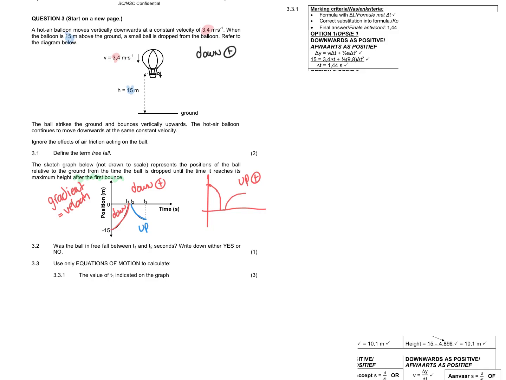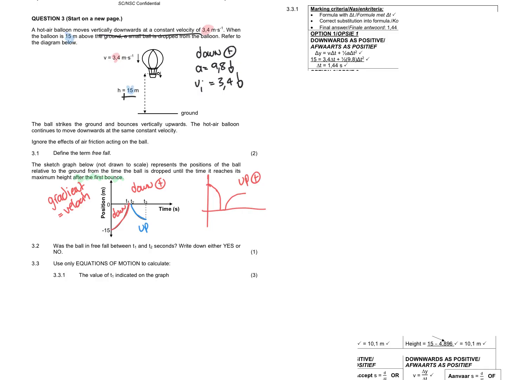We always have that the acceleration is 9,8, and in this case it's downwards. We have that the VI is 3,4, and that is also downwards, because it says in the question it's moving vertically downwards at a constant velocity of 3.4. Then we need another number. The displacement is 15 meters, and that is also downwards.